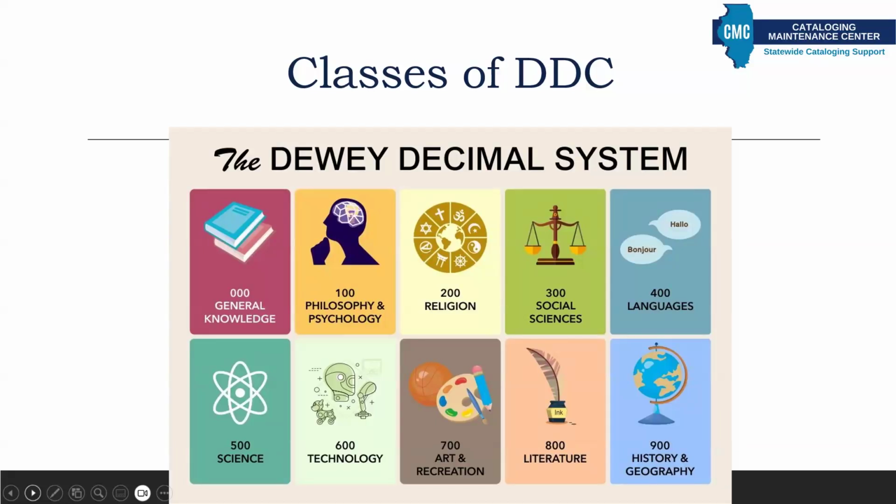We'll talk a little more on the 800s later in the presentation. The last class of Dewey is the 900s, which encompasses most of history and geography of the world. This class includes not only travel in India at 915.4, but also looks at ancient history in Egypt at 932, and more modern history in the Democratic Republic of Congo at 967.51.